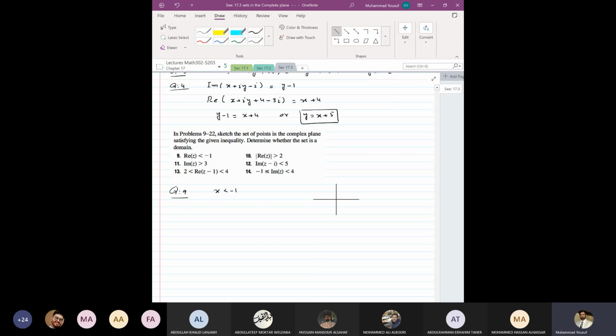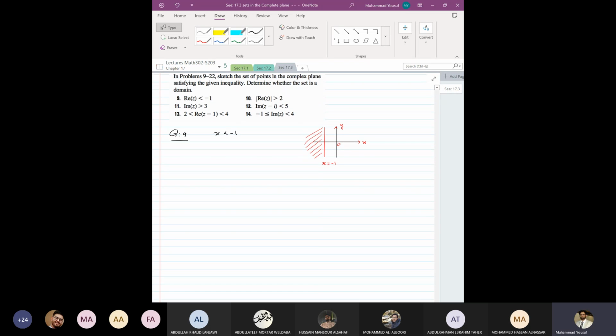Let me choose a line, say here is -1. So this is the set of all points which are here. This line is x equal to -1, so less than -1. And if you want me to explain some of these questions, tell me.